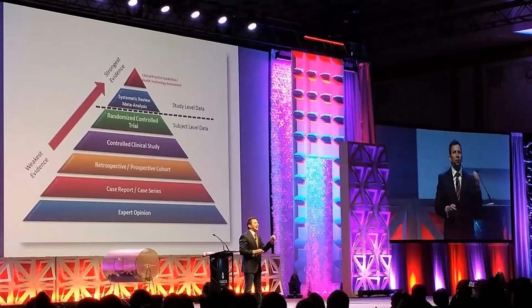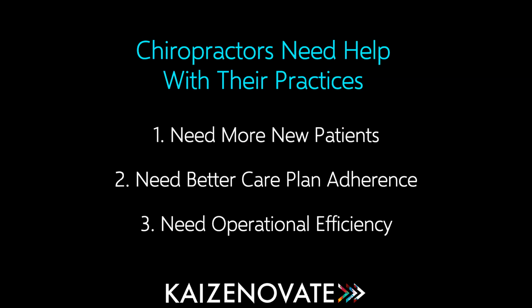In my travels and speaking around the country and around the world, some common themes come up after talking to chiropractors, either in the audience or those I consult with. There are significant and common challenges where chiropractors need help with their practices. A common theme is that chiropractors want more new patients, and they need better care plan adherence.